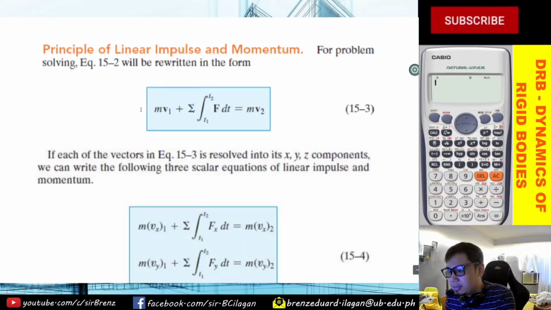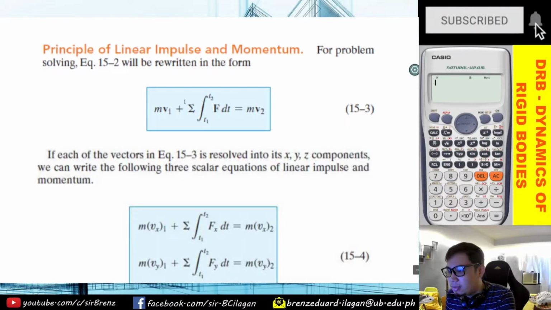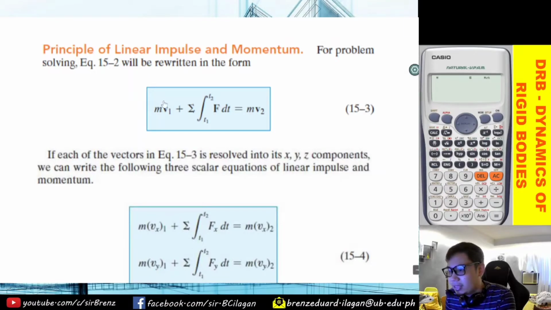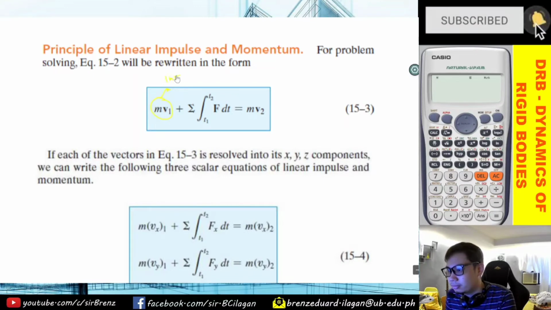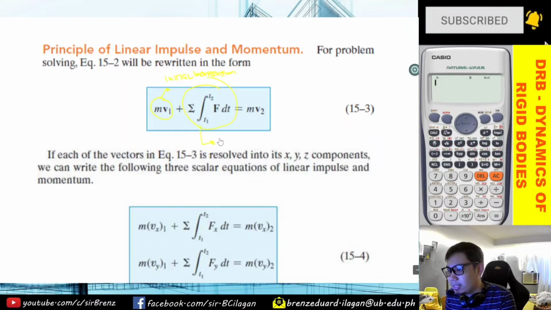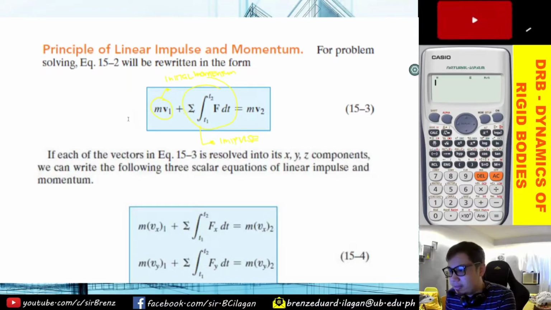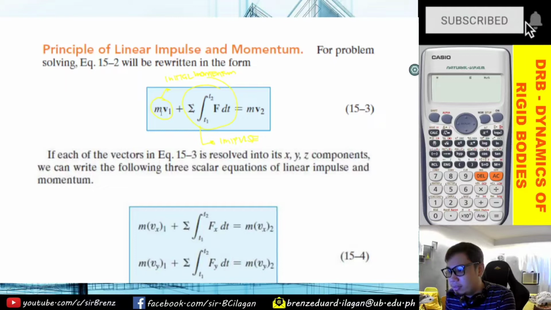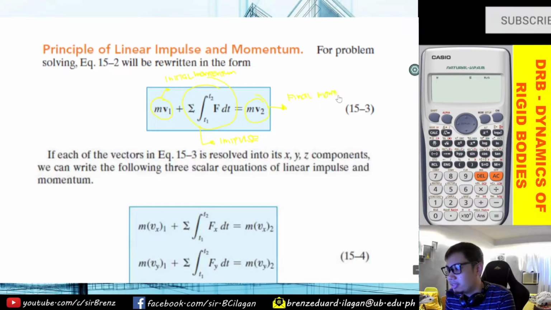This version of the equation states that the initial momentum of the particle at time t1, which is our mv1, plus the sum of all the impulses applied to the particle from time t1 to t2, is equivalent to the final momentum of the particle at time t2.